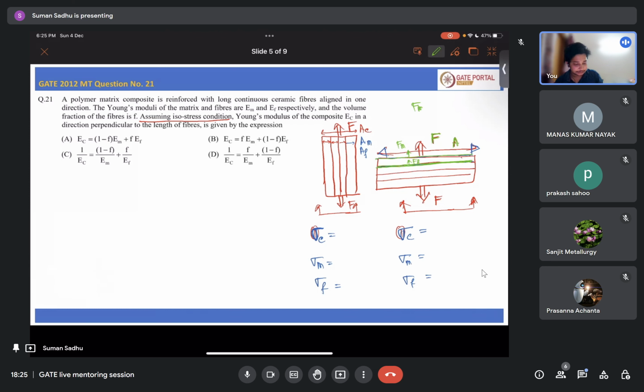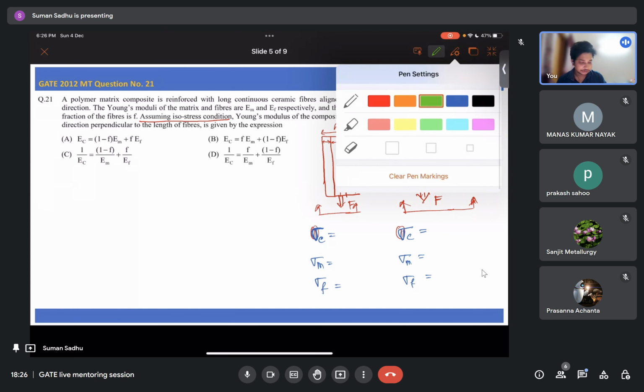If let's say fm is greater than ff, then your material will have separation at the interface, where the matrix is and where your fiber is. So in this situation your force has to be same on both the phases, both the matrix and the fiber. So that's why in this case the force will be same.